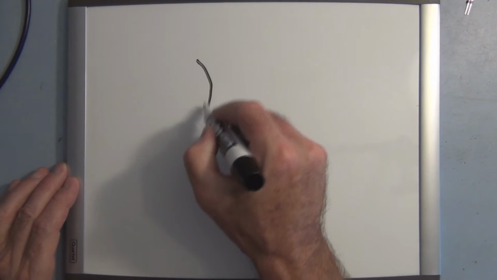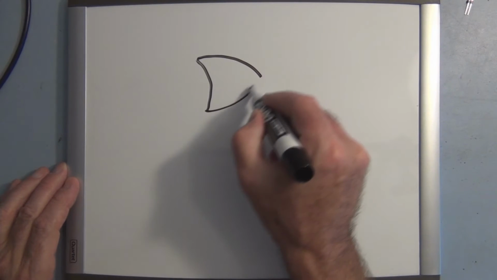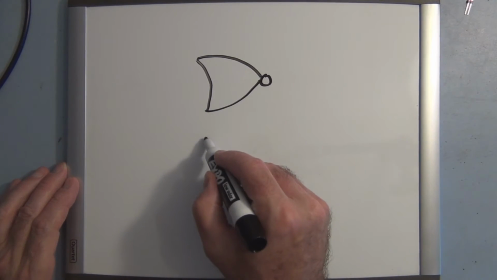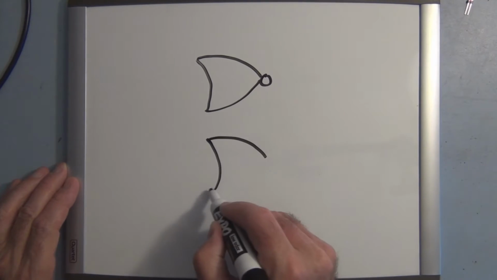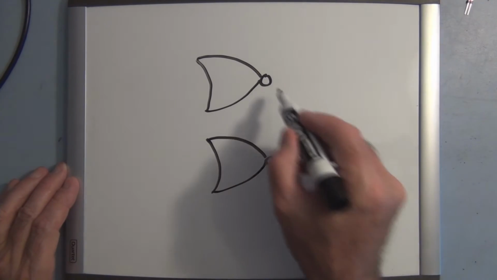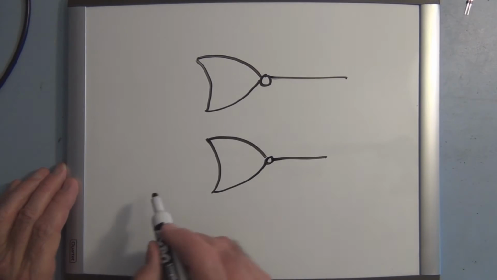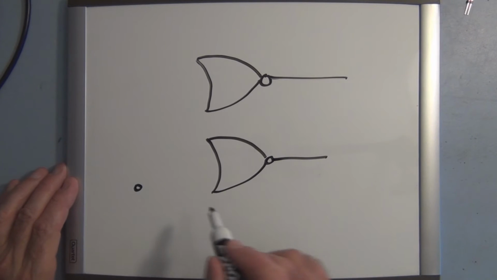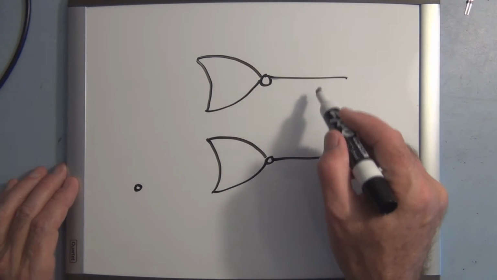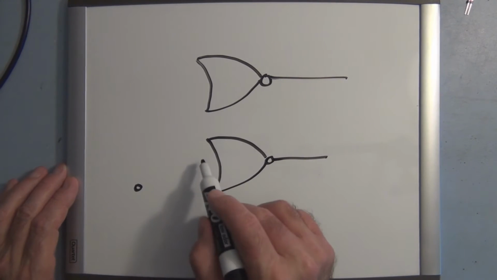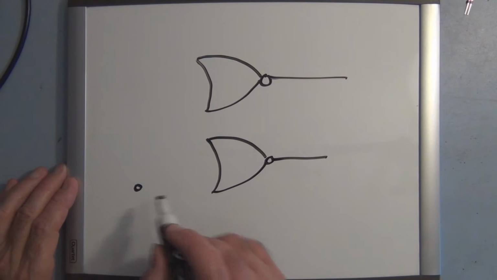So if we have two NOR gates, what we do is we connect the output of each NOR gate to one of the inputs of the opposite NOR gate.